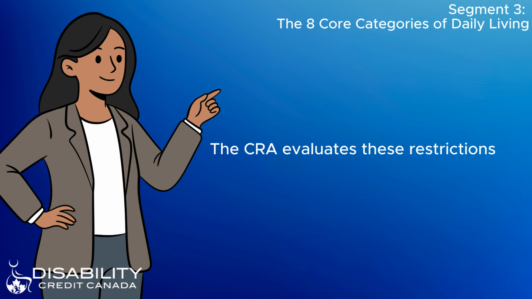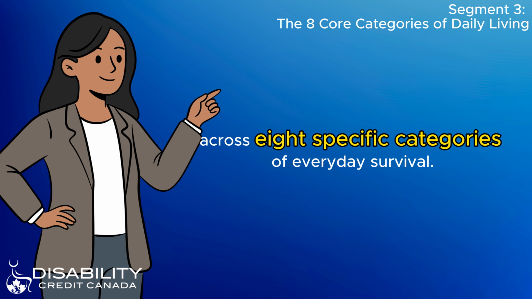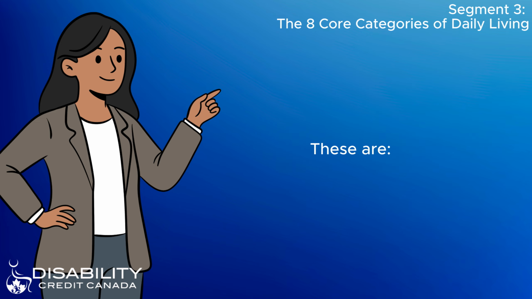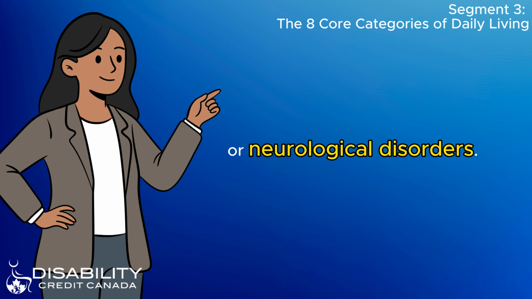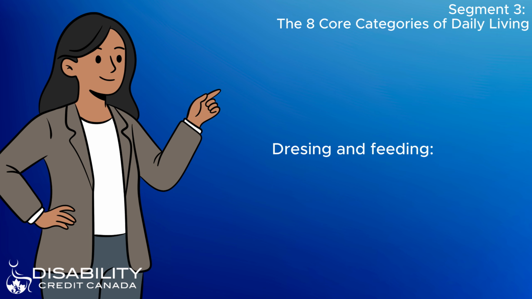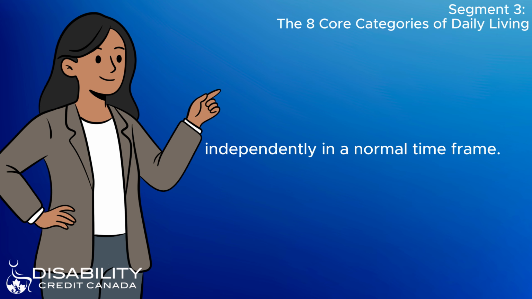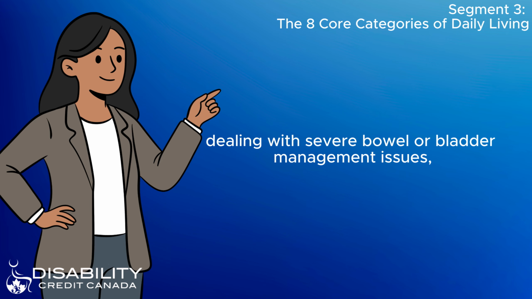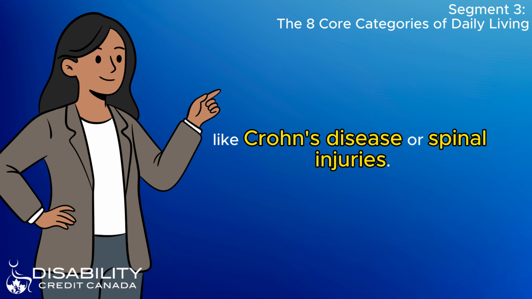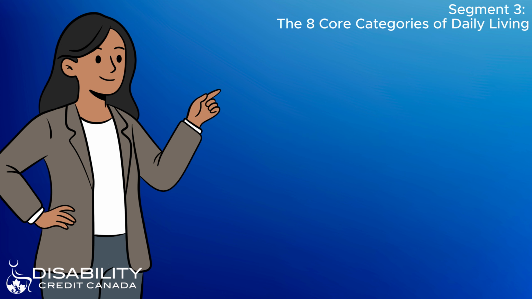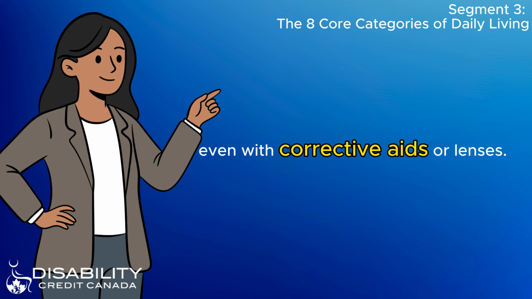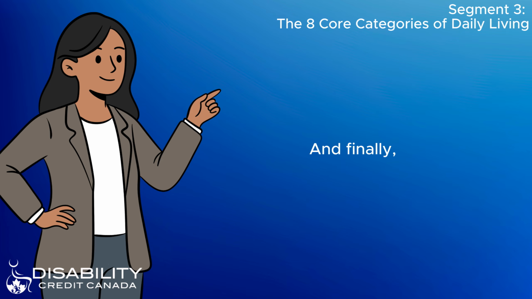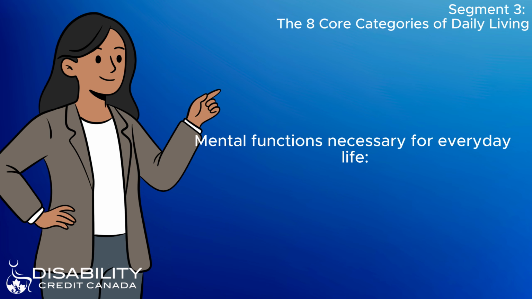The CRA evaluates these restrictions across 8 specific categories of everyday survival. These are walking, such as severe mobility restrictions from advanced osteoarthritis or neurological disorders; dressing and feeding, the inability to dress or feed oneself independently in a normal time frame; eliminating, dealing with severe bowel or bladder management issues, like Crohn's disease or spinal injuries; hearing, speaking, and vision, severe sensory limitations that persist even with corrective aids or lenses; and finally, mental functions necessary for everyday life.